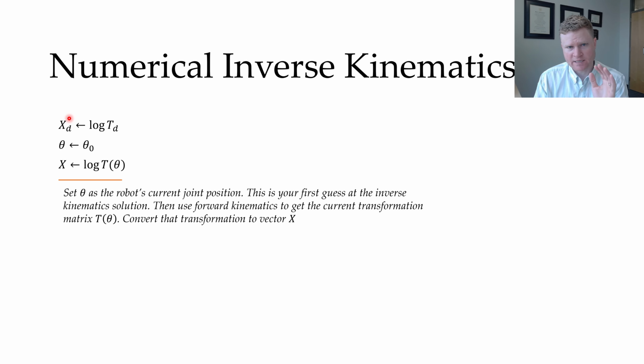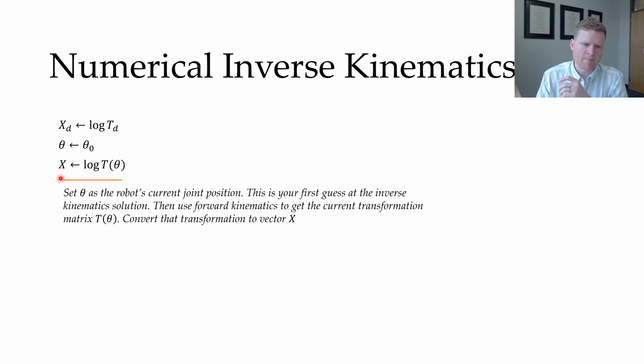All right, the next thing in my algorithm is to find a starting point. I'm going to put theta 0. That's going to be my robot's current joint position. You could think about that as your first guess at the inverse kinematic solution. So my first guess for a joint value that will reach the desired transformation matrix will be my current joint position, which I'll call theta. Then I use my forward kinematics, T of theta, to find, if my robot is at this current joint position, where is its end effector?